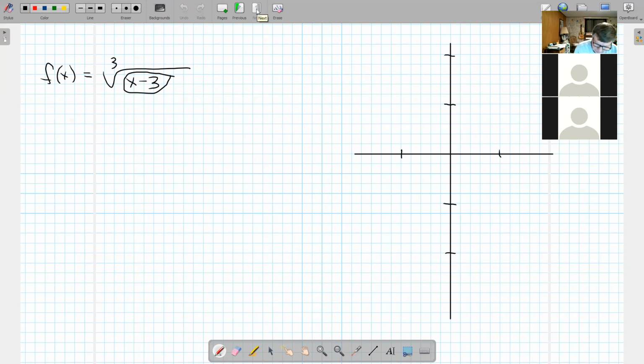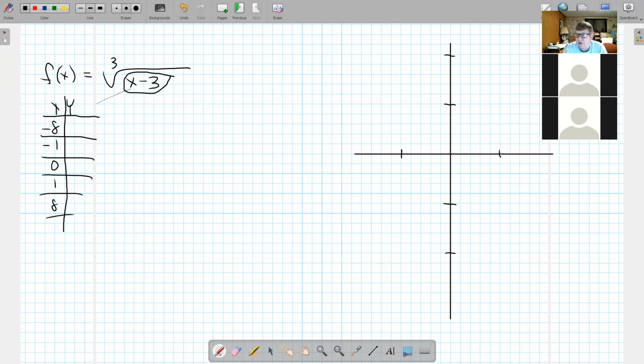Here, if I use those same x values and plug them in here, I'm not going to get cubes, am I? Because -8 is going to go here. The next thing I'm going to do is subtract 3, and it's going to be -11, which is not a cube. So what could I do?